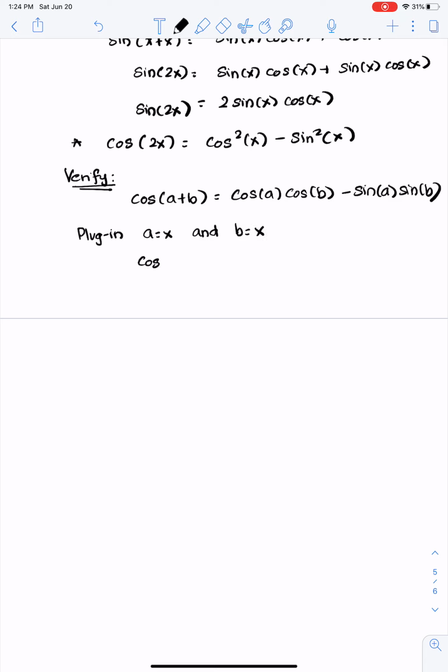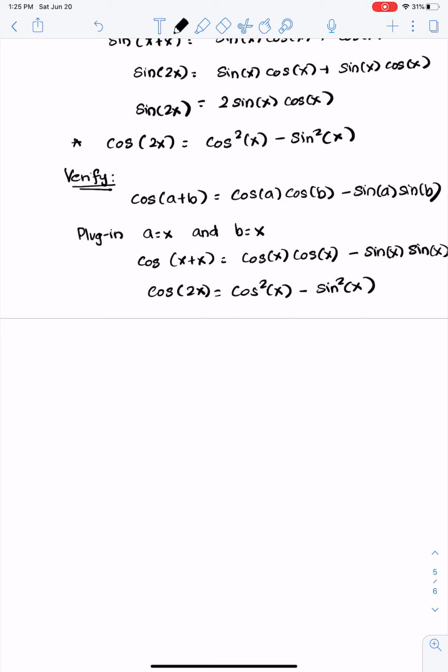We will have cosine x plus x is equal to cosine x times cosine x minus sine x times sine x. X plus x is 2x. Cosine x times cosine x is cosine squared x. Sine x times sine x is sine squared x. So it checks out.